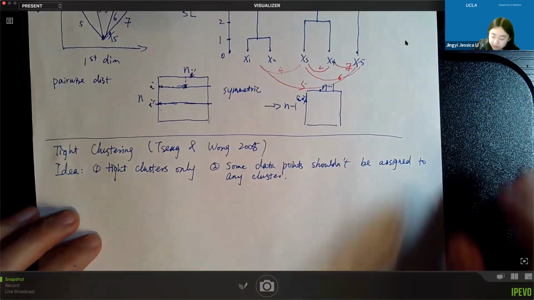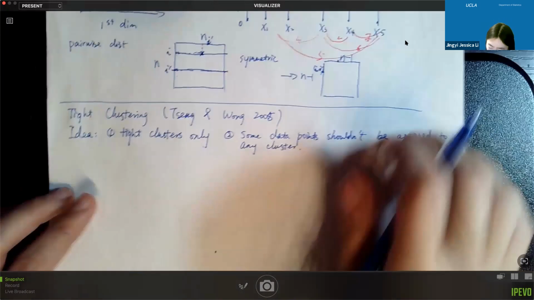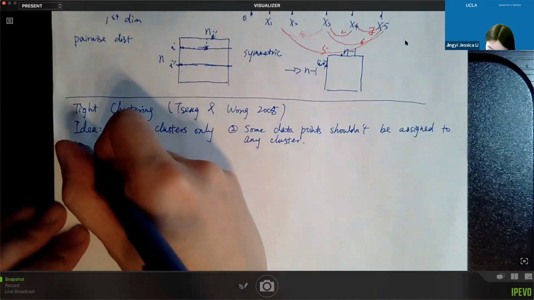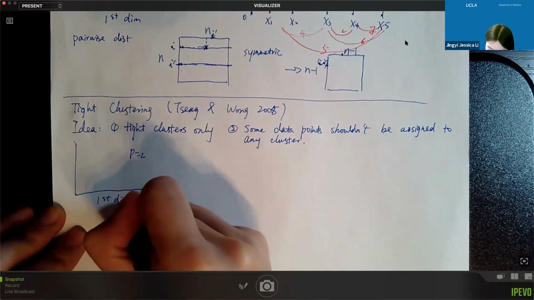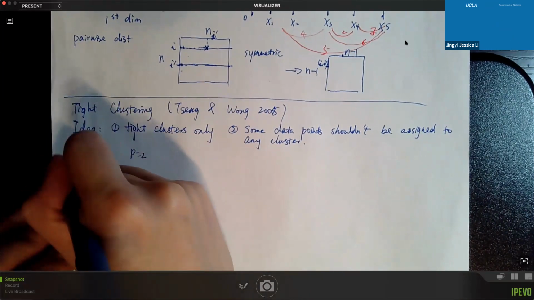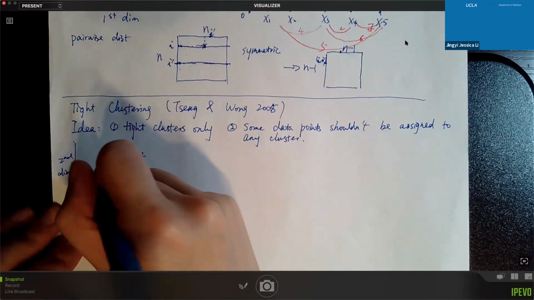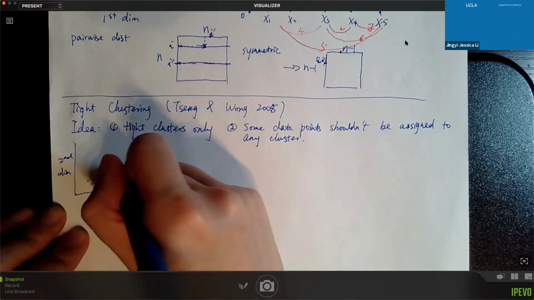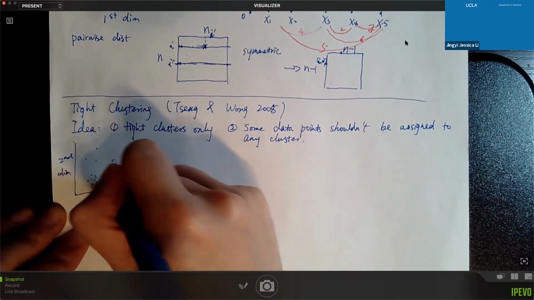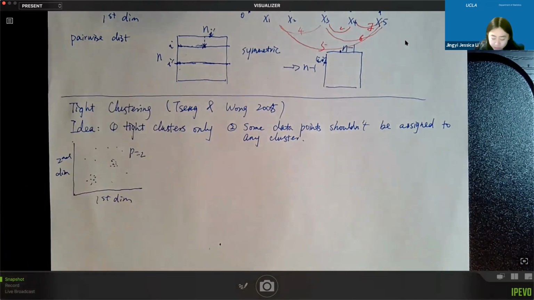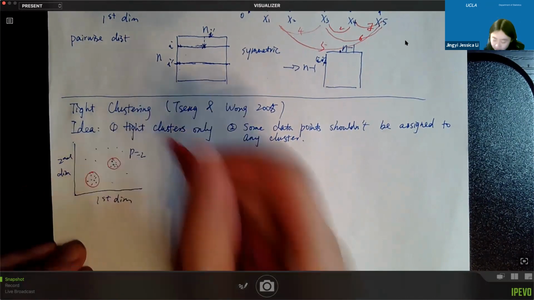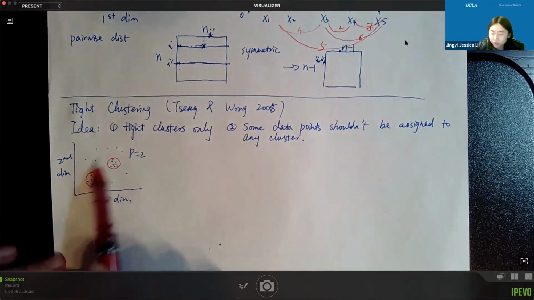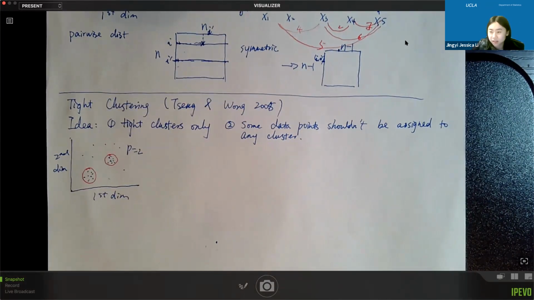So you can imagine that if we have a p equals 2 plot again, so still p equals 2, first dimension and second dimension. So if your data points look like this, then it's possible that you only want to find those two tight clusters, and you want to leave the remaining data points as unclustered. That's the motivation for tight clustering.